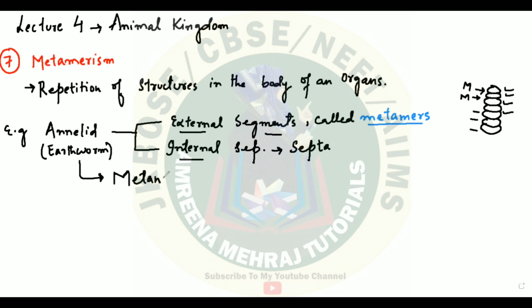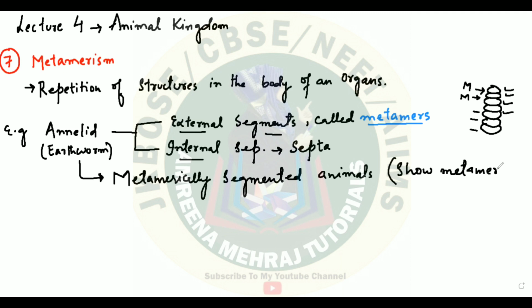What do you call them? You call them metamerically segmented. They show metamerism. Okay, they are metamerically segmented organisms or animals. That means they show metamerism. They show both external segments as well as internal segments. Okay, this was the case with annelids.